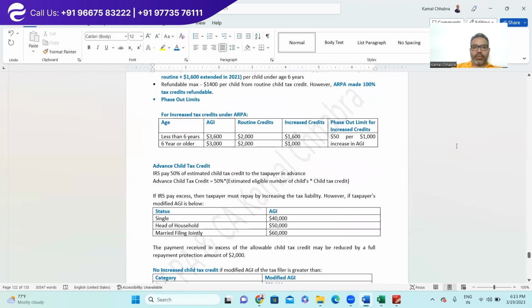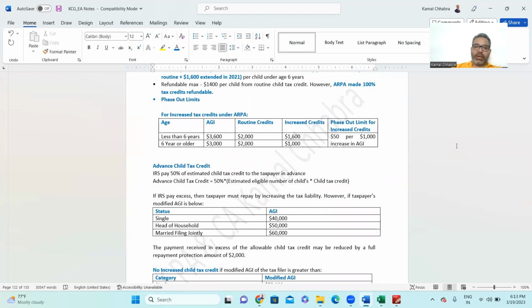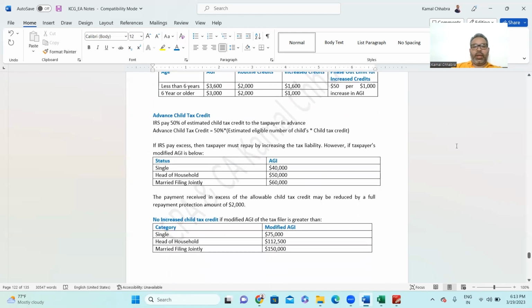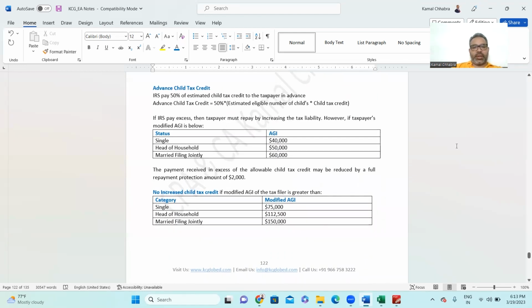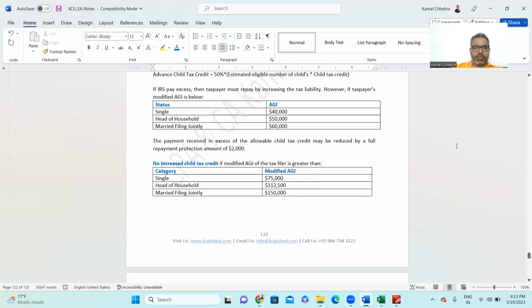Credit up to 3,000, that is not relevant for our question. Refund is not relevant. Phase out limit for increased tax credit, 3,600 AGI or 3,000 AGI only for increased tax credit. Advanced child tax credit, IRS pays 50%, that's not important.